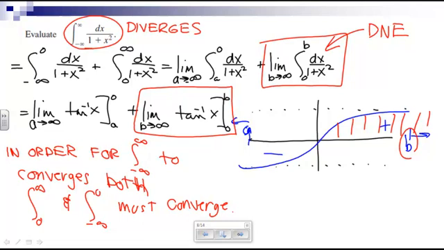Edmund, I know what you're thinking, and I wish it was that way, because that makes perfect sense to me. But the rules that they've set up for us say both sides need to be convergent, even though it looks like yin and yang, one cancels out the other. Well, it's not so much that it cancels.